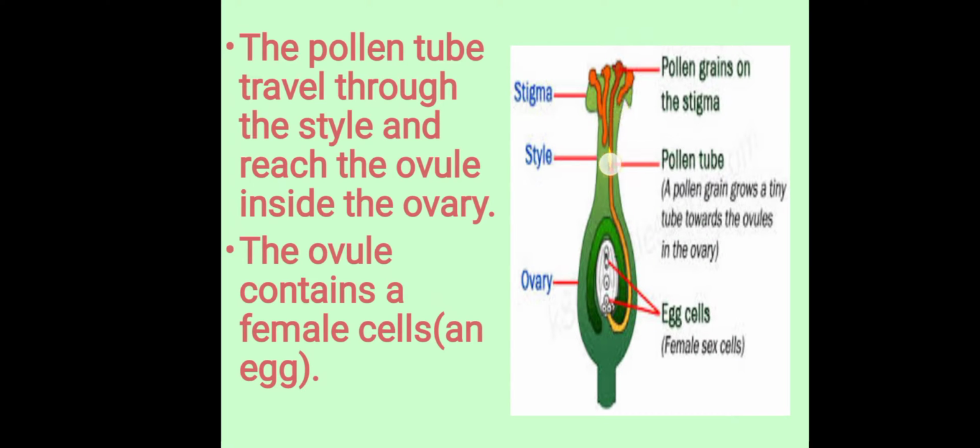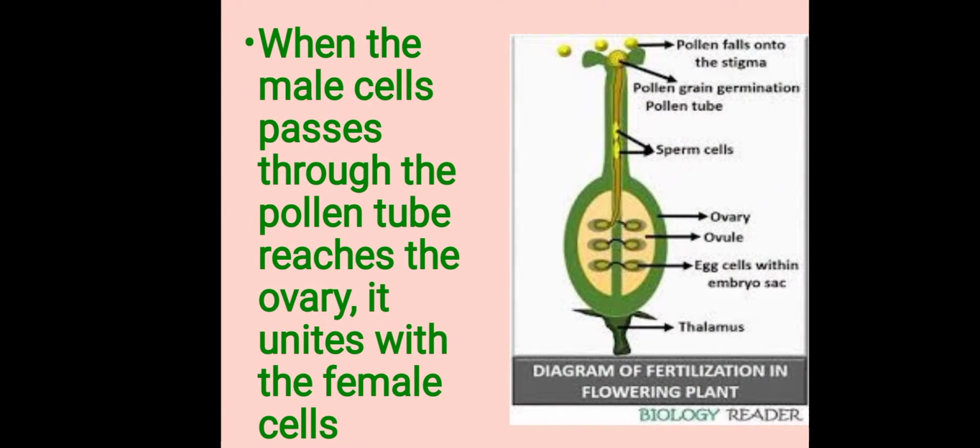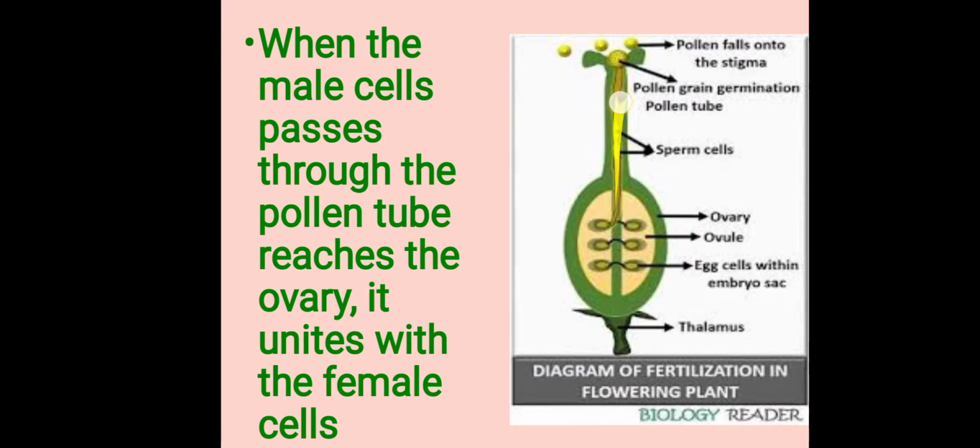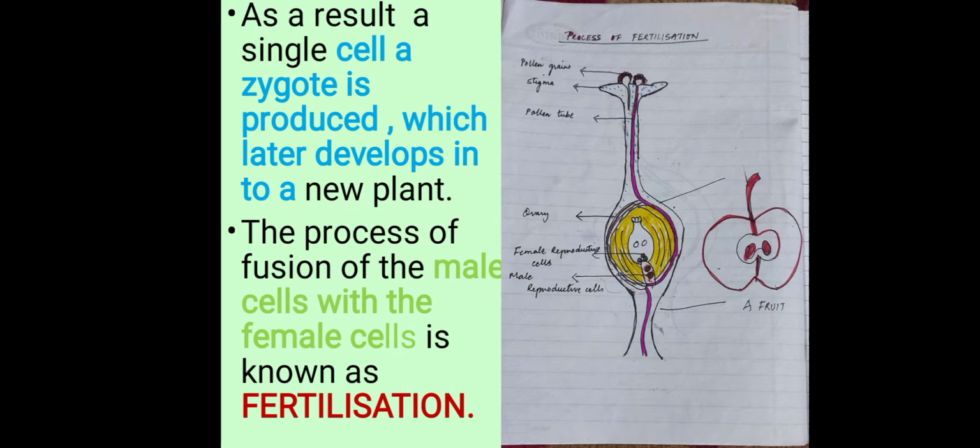The pollen tube travels through the style and reaches the ovule inside the ovary. The ovule contains a female cell. When the male cell passes through the pollen tube and reaches the ovary, it unites with the female cell. As a result, a single cell, a zygote, is produced.